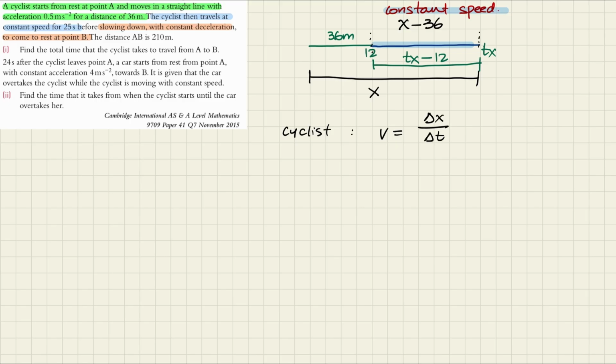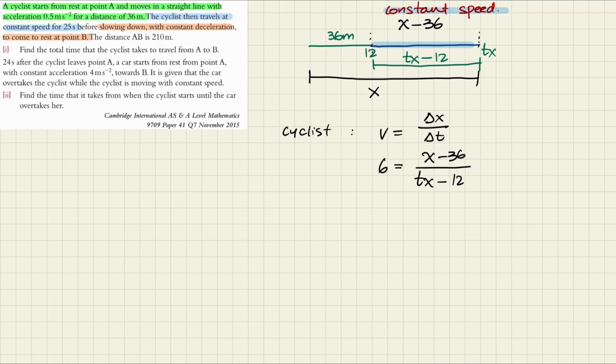Now, during the constant speed, the cyclist, as we calculated earlier, was traveling at a speed of 6 meters per second. So 6 is equal to, in that section, the distance traveled before the car overtook or caught up with the cyclist, which is x minus 36, divided by the time for that constant speed section, which is tx minus 12.